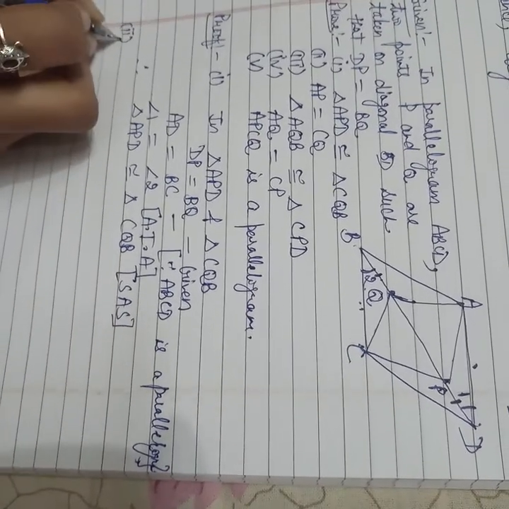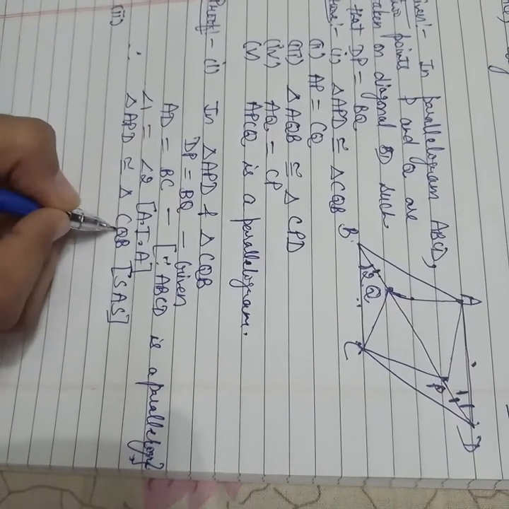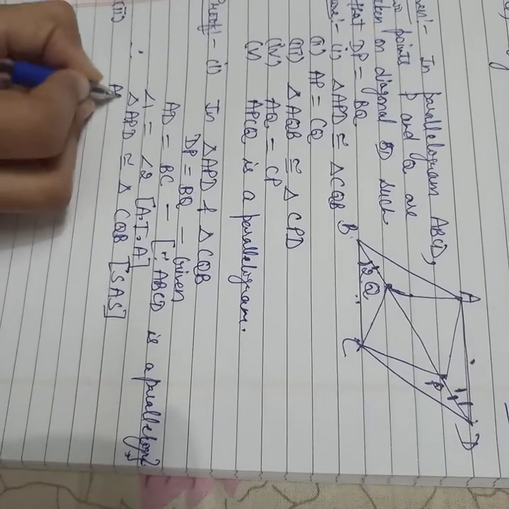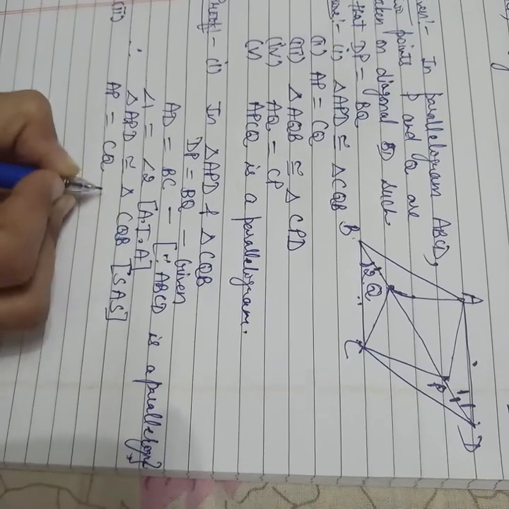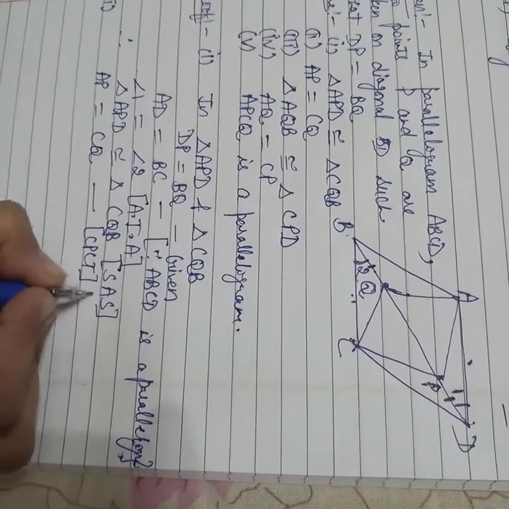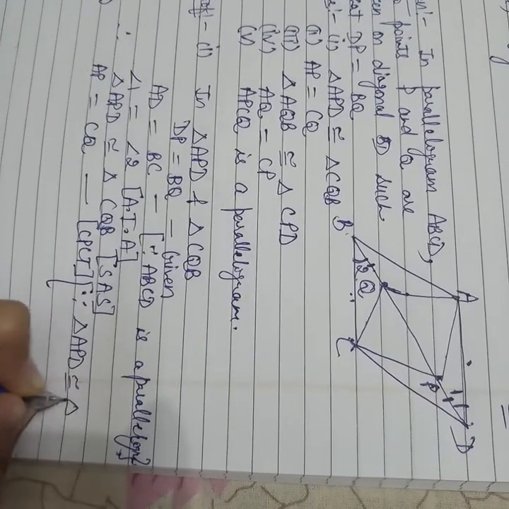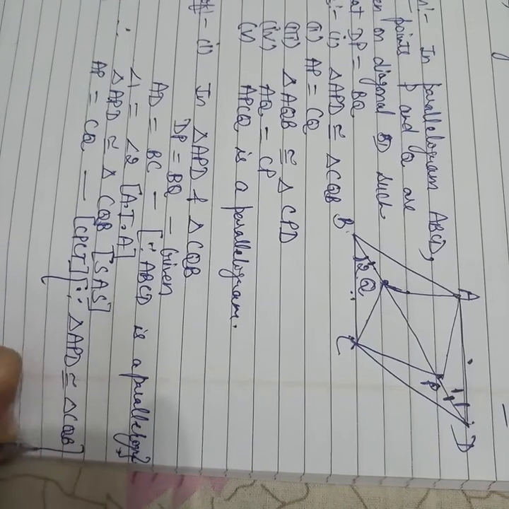Now in second part, because these two triangles are congruent, therefore AP equals CQ by CPCT because triangle APD is congruent to triangle CQB.